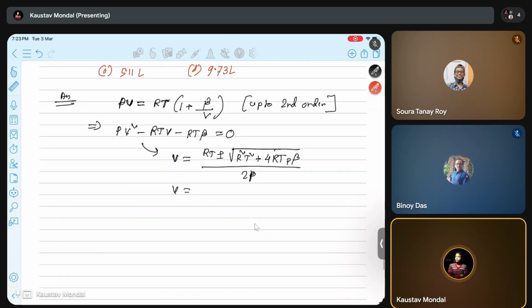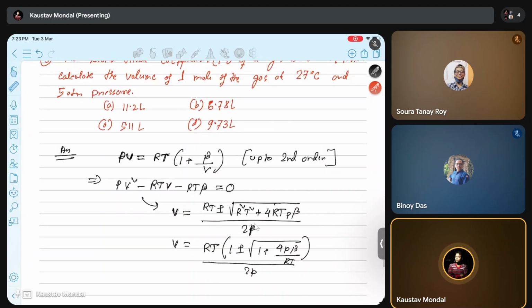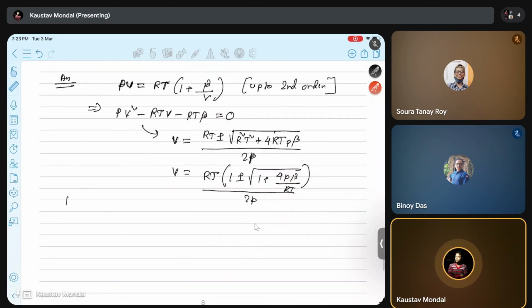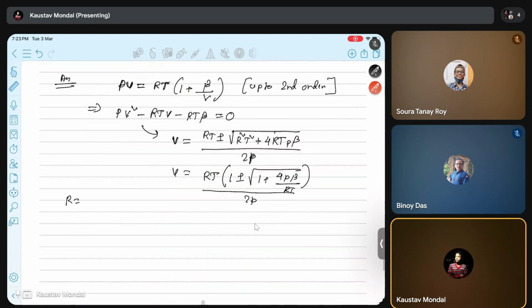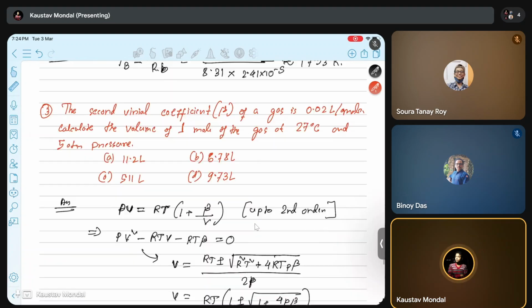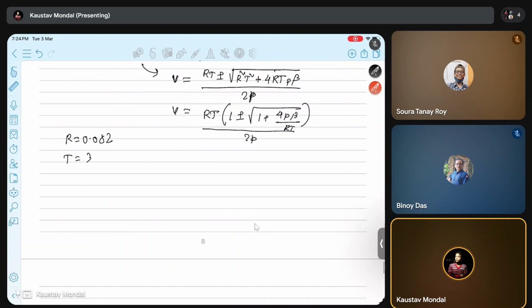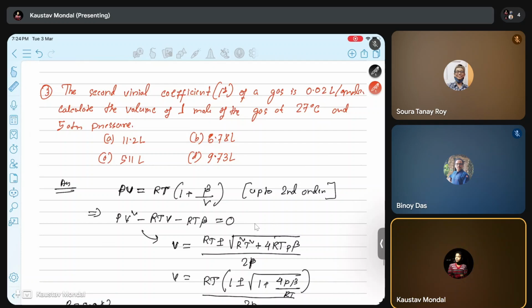If you take RT as common, you can rewrite it in a simpler way: V equals RT by 2P times 1 plus or minus the square root of 1 plus 4P beta by RT. Now simply substitute the values of R and T. R is 0.082, temperature is 300 Kelvin, since 27 degrees centigrade is 300 Kelvin, and pressure is 5 atm.